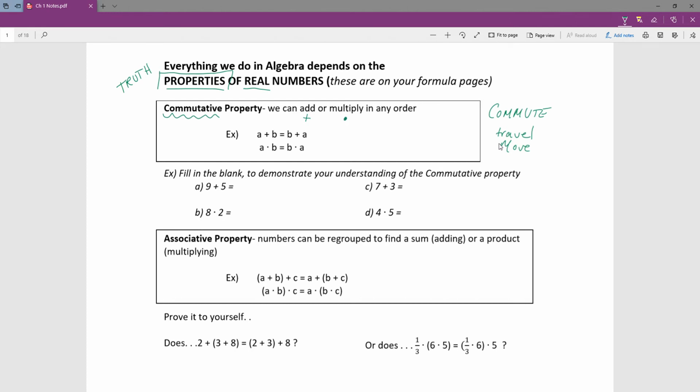And it means that the numbers can move around and they still have the same value. And so here we have letters representing different numbers, and you can see that the A and the B added together, it doesn't matter what order they get added in, it's still going to be the same value. And so those would be equivalents, and that's what that equal sign means.